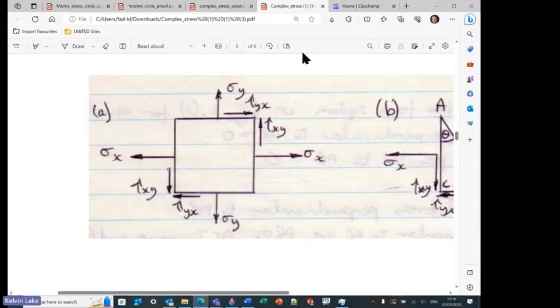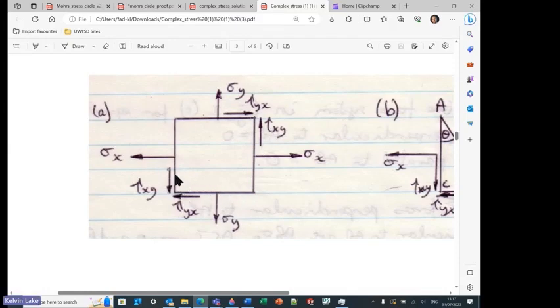So if we think back to this sort of thing, our complex stress system, we've got a generalized case here. We've got an element subjected to direct stress in the x-axis and shear stress in the y-axis, and we've got a positive shear stress, tau yx, on this top plane, and the positive shear stress on the bottom plane.